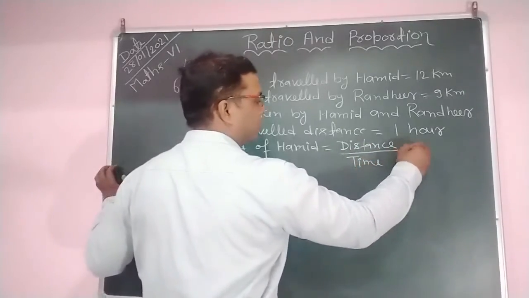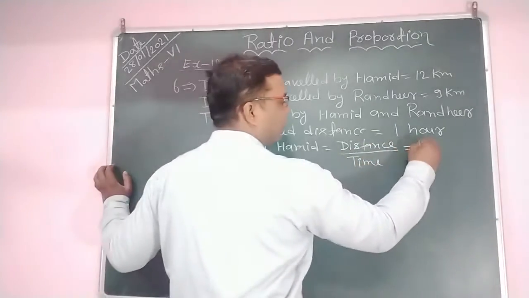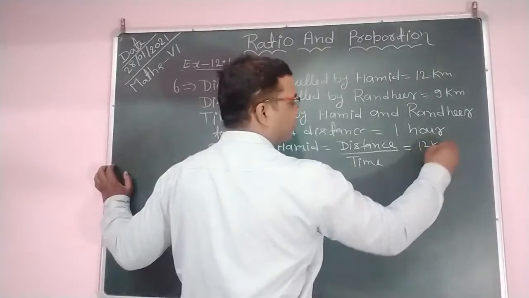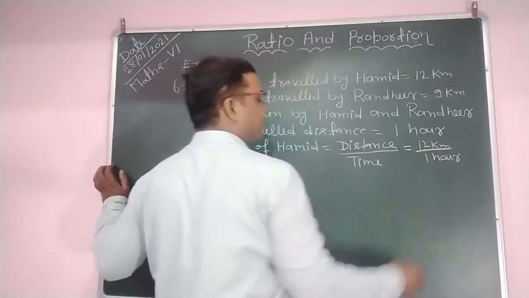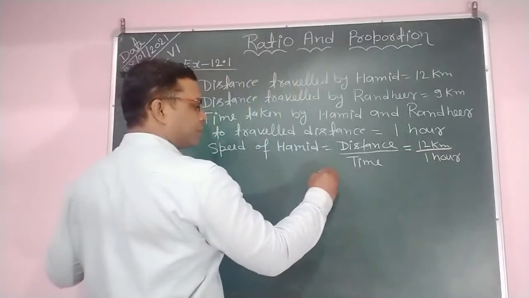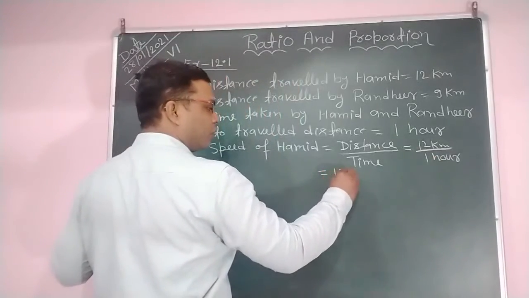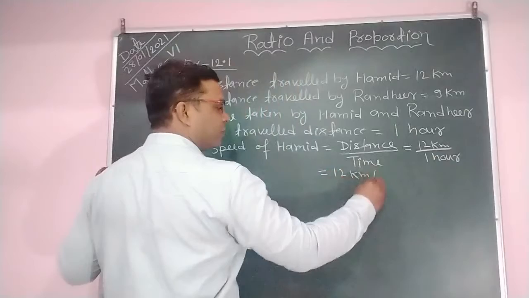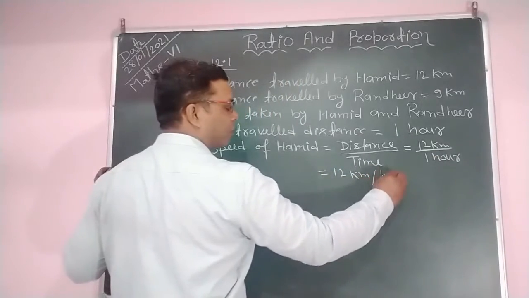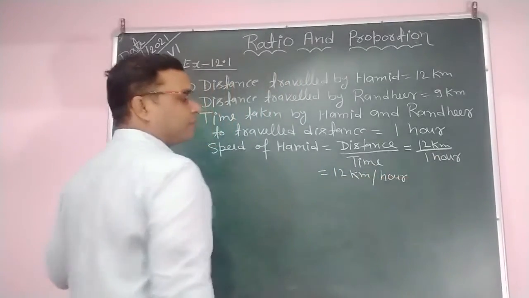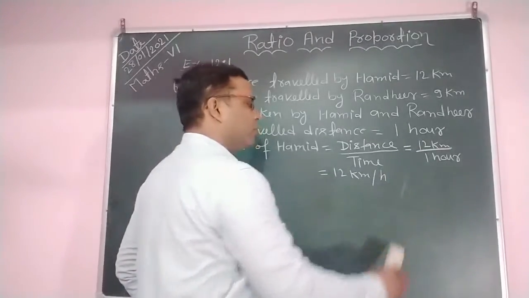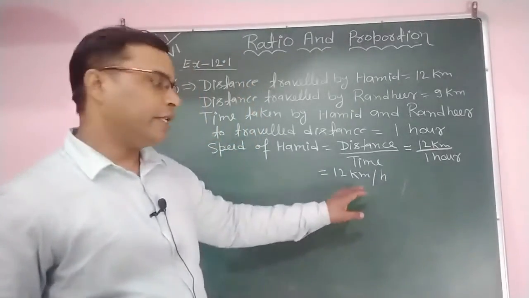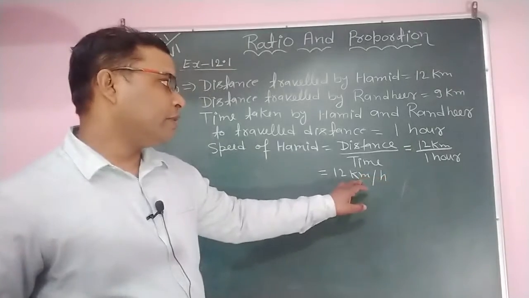Distance is 12 kilometers and time is 1 hour. So speed is equal to 12 kilometers per hour. Okay, or you can write it simply as km per hour.